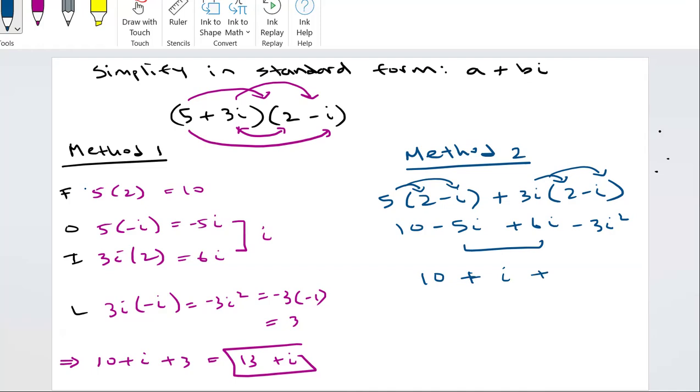And then again, the i squared here is going to give us a -1. So -3 times -1 is going to be a +3. Then we combine these numbers here, which gives us 13 plus i. Okay, so two different ways of doing it, same result.